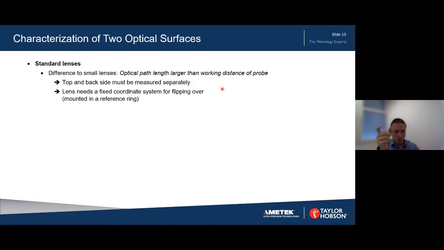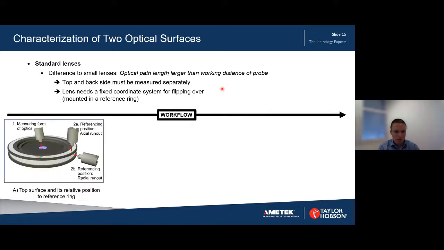And to do so, when you think of just flipping the lens and measure on the back side, you need a coordinate system that is fixed to the lens. And we do this by a reference ring. So we place the lens in an adapter that is mounted to a reference ring.